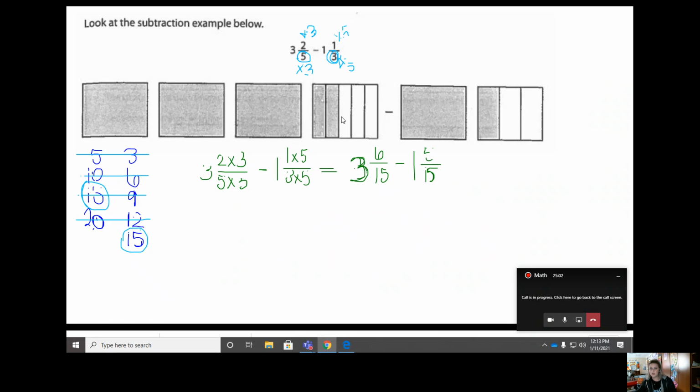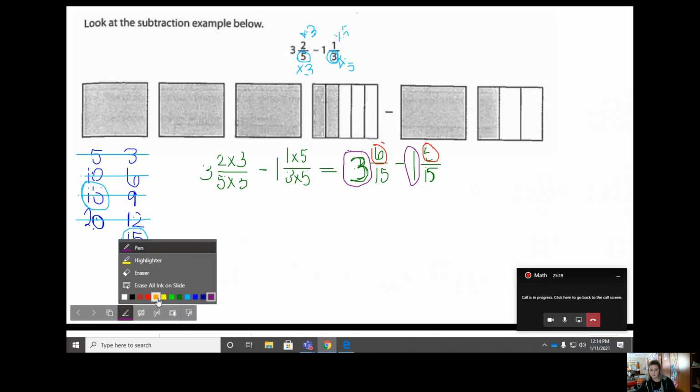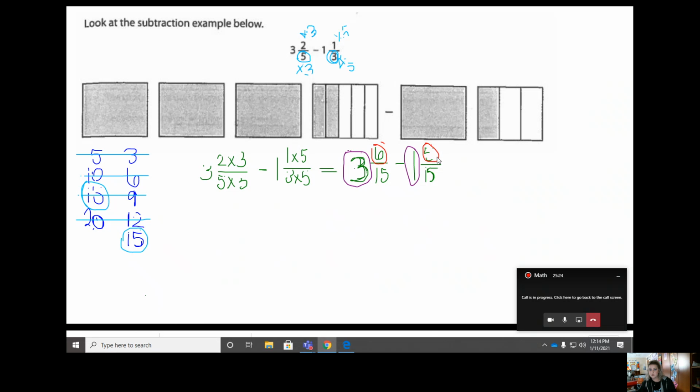Very good. All right, so now let's go ahead and start subtracting. Now remember, we are subtracting our numerators and we are subtracting our whole numbers. Okay, so let's do it. All right, so 6 minus 5 is... You're very right.